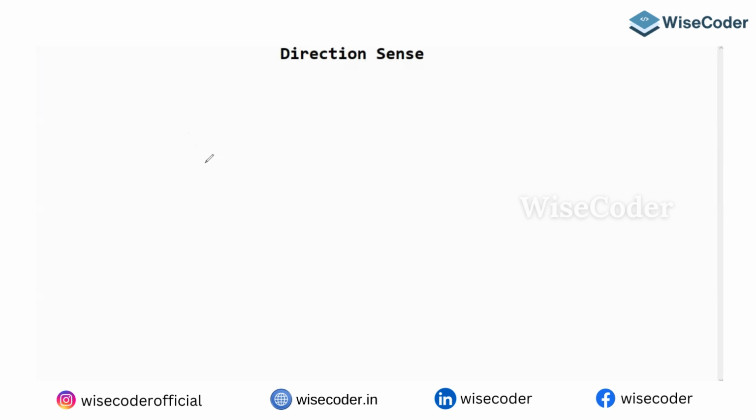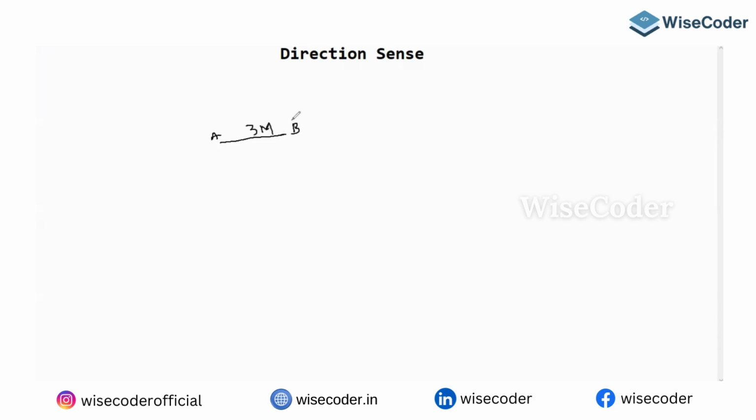So Mahesh travels 3 meters towards east from a particular point. So 3 meters he traveled like this.